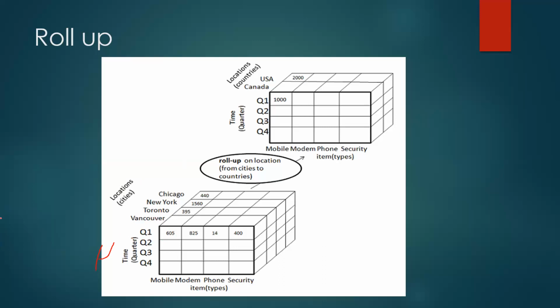So initially, if you see here, you had street or let's say locations here, right? But when you roll up, you're rolling up to countries. So let's say I manufacture pens, or masalas, or any manufacturer.